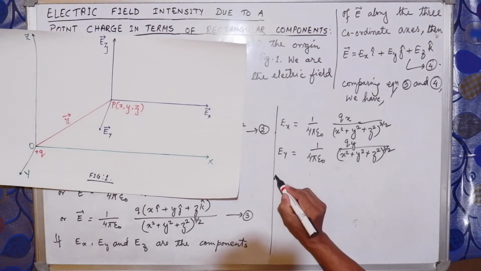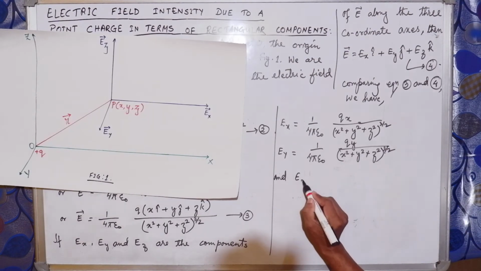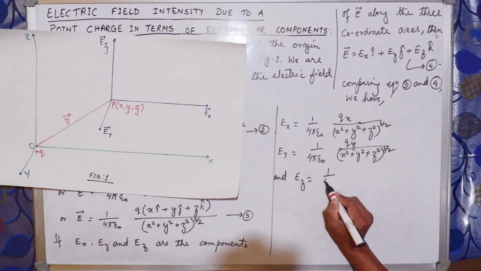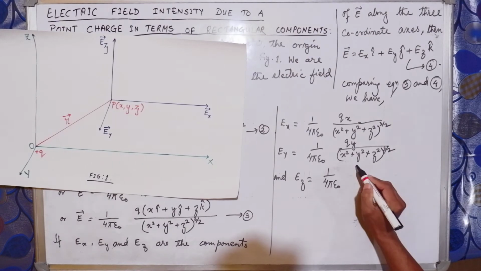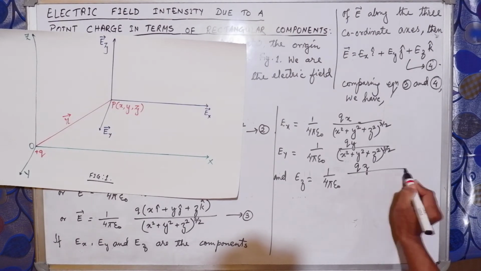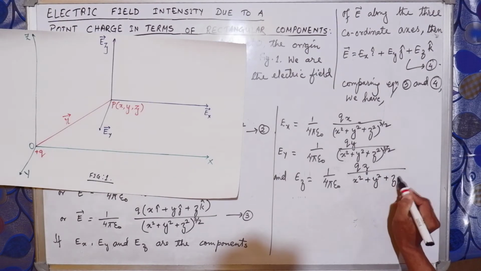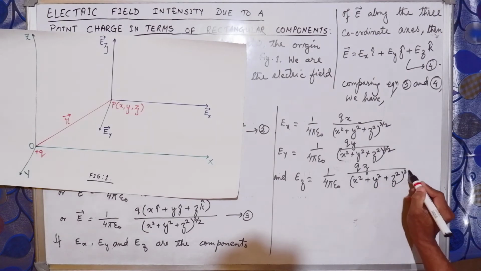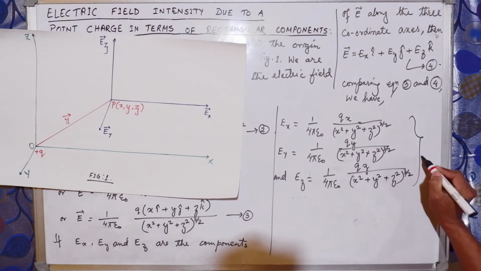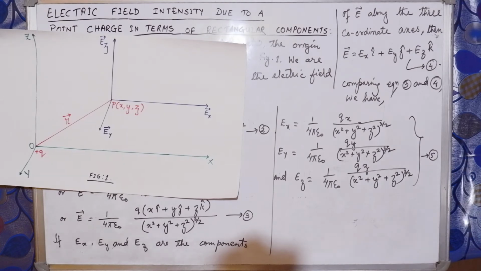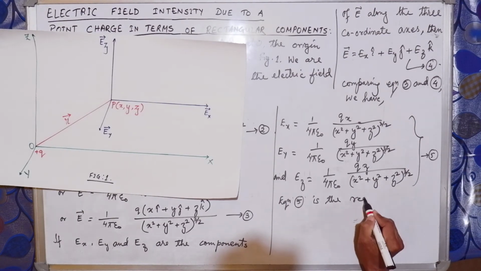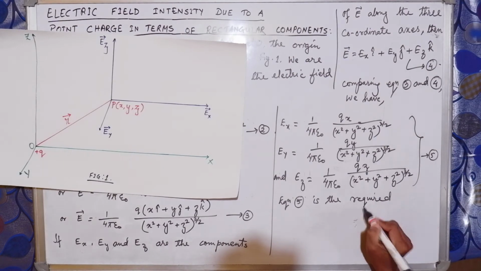Then Ez will be equal to 1 by 4 pi epsilon naught Qz by x square plus y square plus z square to the power 3 by 2. Name this as equation number 5. So equation 5 is the required equation.